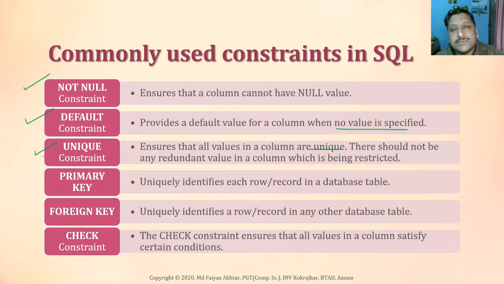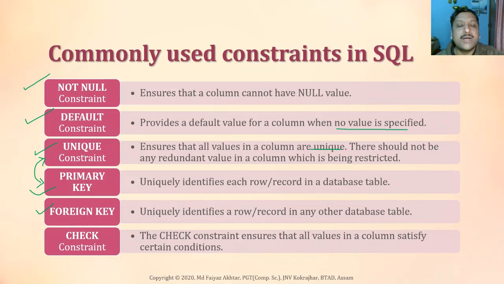So if you are using the unique constraint, then you don't use primary key. If you are using the primary key constraint, then don't use unique key. These are interrelated with each other. The primary key also uniquely identifies each row or record in a database table. The foreign key uniquely identifies a row or record in any other database table.